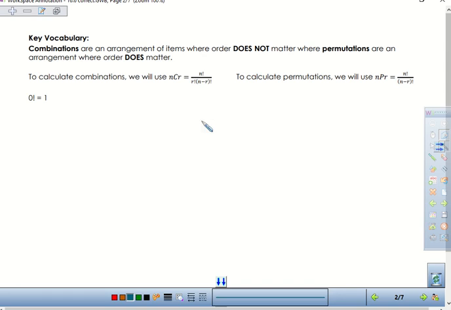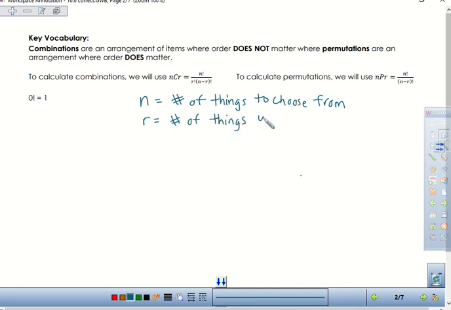N is the number of things that you're choosing from, almost like a sample space. R is the number of things you are choosing.